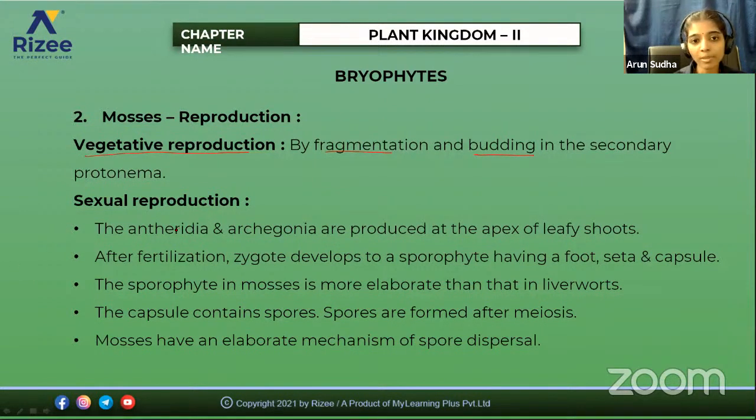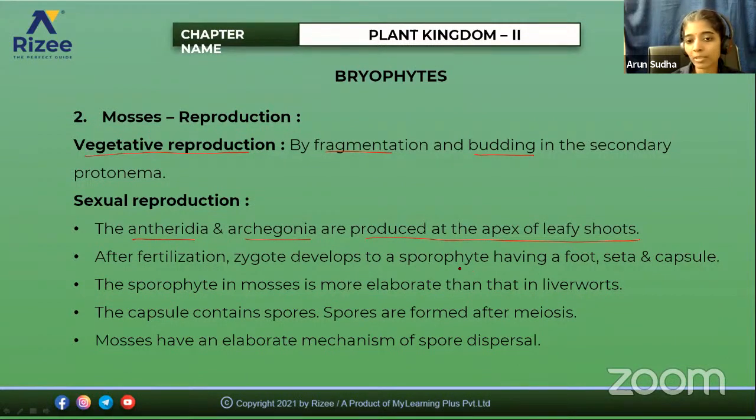So how is the sexual reproduction happening? The antheridia and archegonia are produced at the apex of leafy shoots. So in the tip of the shoot, there will be antheridia and archegonia, both the male and the female reproductive organs, and after fertilization, the zygote develops into a sporophyte.